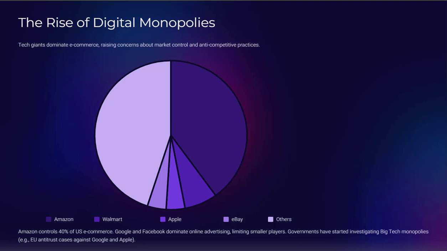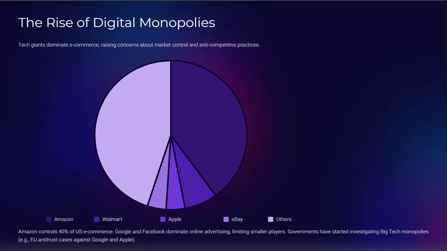Amazon controls a staggering 40% of the US e-commerce market, highlighting their market dominance, 40%. Other major players like Walmart, Apple, and eBay hold much smaller market shares, ranging from 4 to 7%. The remaining 45% of the market is held by others, indicating a highly concentrated industry.